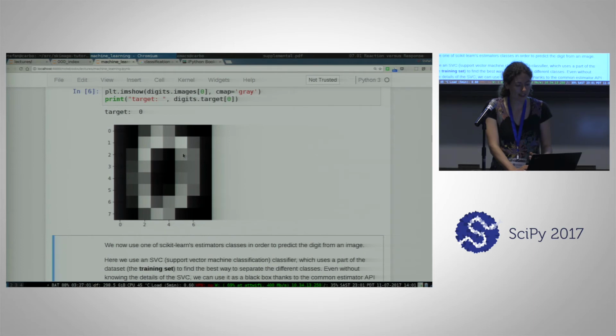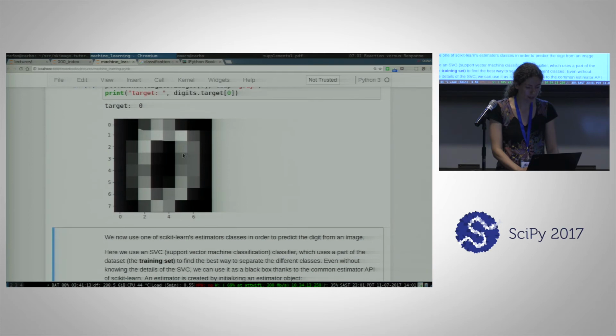And this dataset provides a lot of these small images that are all rescaled to the same scale, but they correspond to handwritten digits that were, I think, scanned by the US Post Office or something like that, so that we can use this dataset for the recognition of handwritten digits.